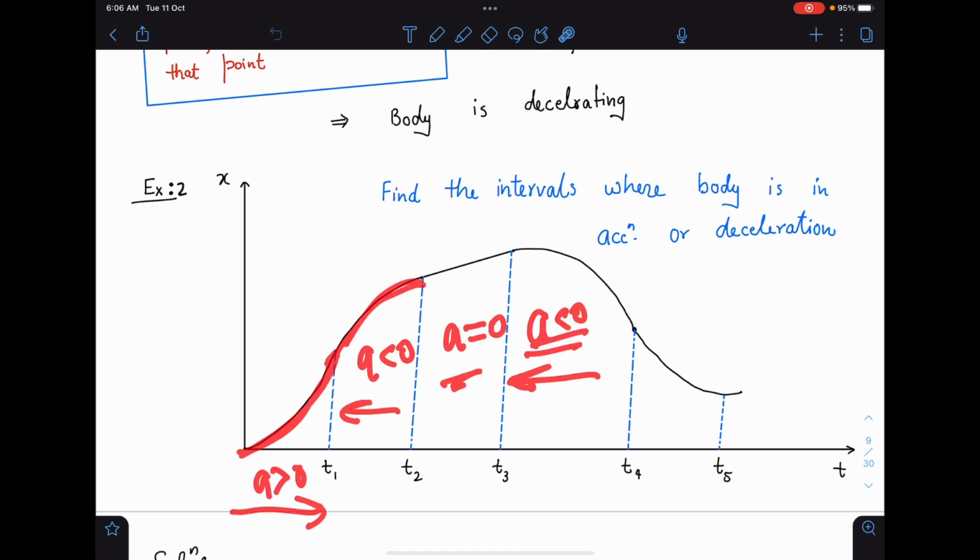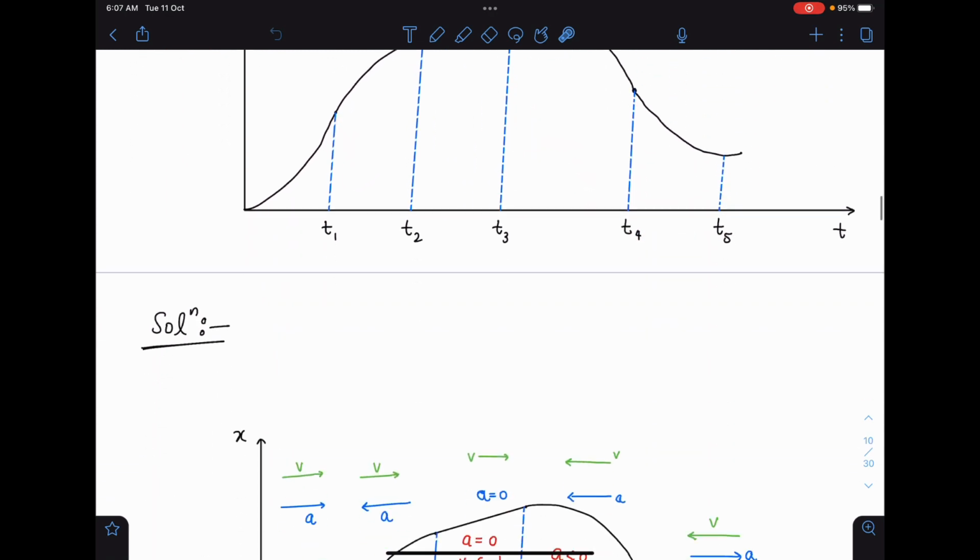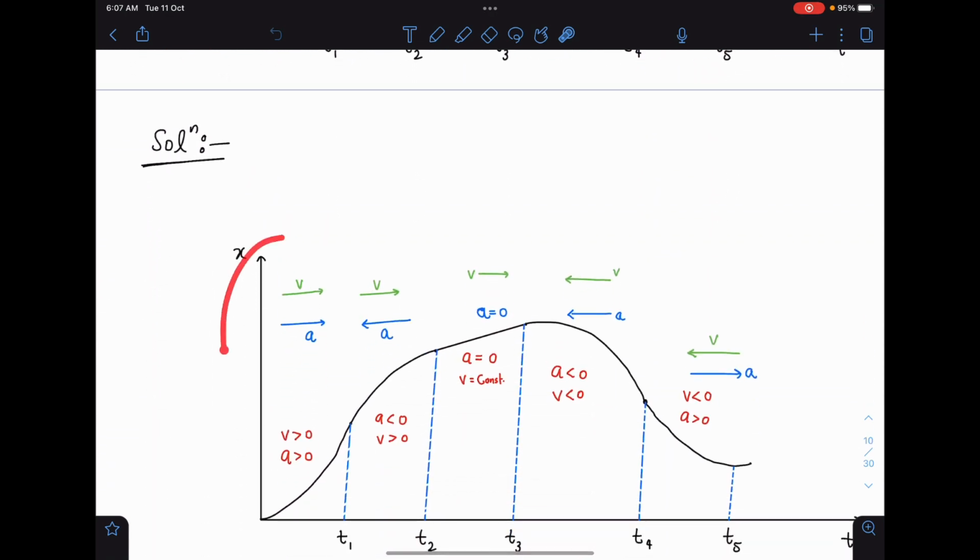That means velocity is this side and acceleration is also this side. Here again acceleration becomes positive but velocity is negative. What is the meaning of it? That velocity is this side but acceleration has changed its direction. So easily we can see. I hope this part is clear to you. The same thing I have explained just now by just seeing the graph alone.